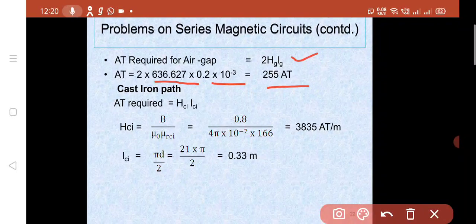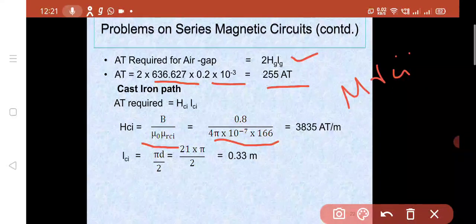Next, find the cast iron path. Ampere turns required is HCI into LCI. HCI is equal to B by mu naught mu R CI. Substitute the B value, mu naught value, and mu R CI value. Mu naught is 4 pi into 10 to the power of minus 7, mu R CI value is 166, and B value is 0.8.